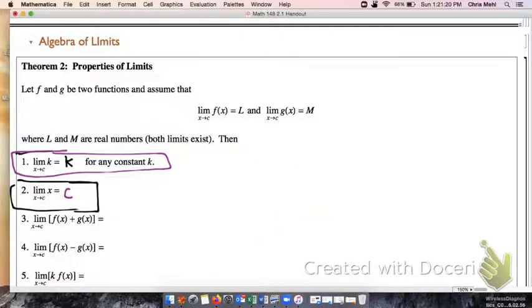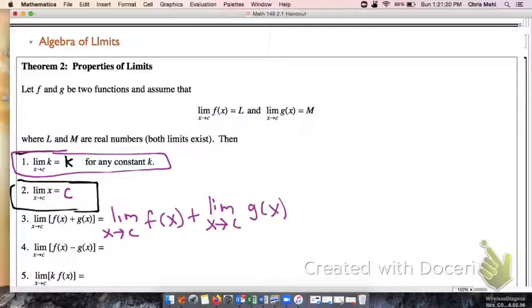So let me get through the rest of these rather quickly. I'm not going to again justify these, but these should be pretty straightforward. The limit of a sum of functions, well, you can calculate the limit of each function first and then add. So that's basically distributing the limit operation or notation.